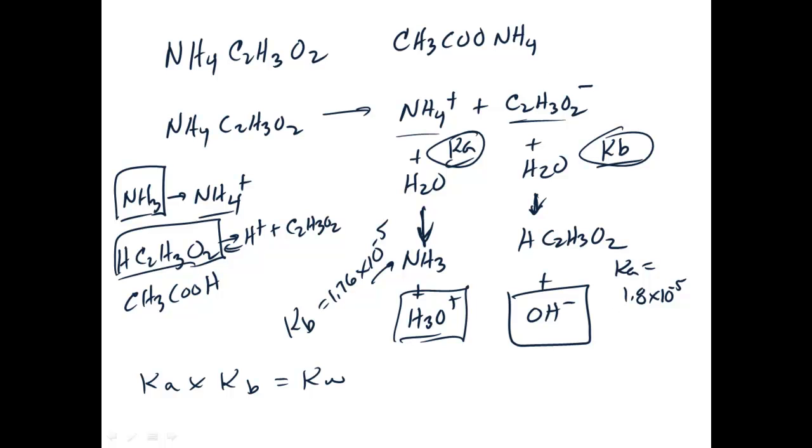When you combine those together, you're going to get the hydronium ion concentration times the hydroxide concentration, which will give you Kw. You can take the time to prove this, but this is the equation that you need.